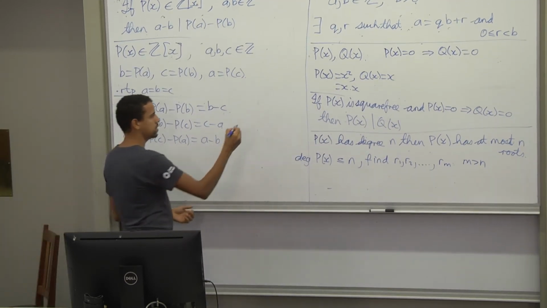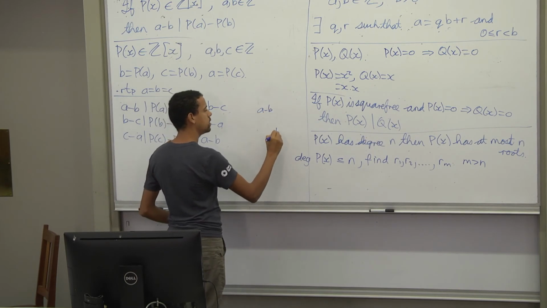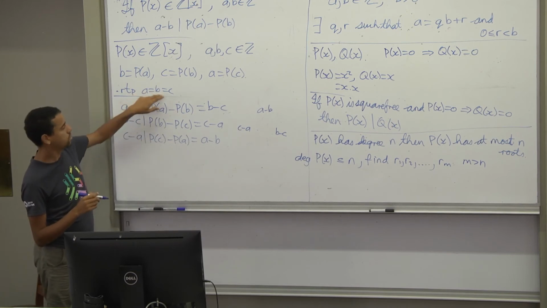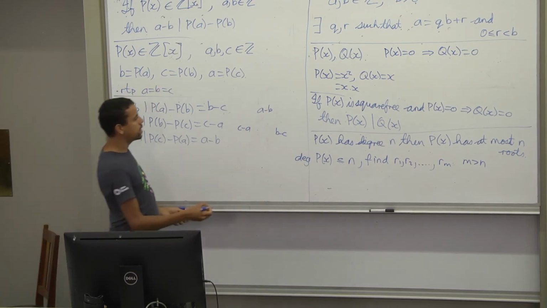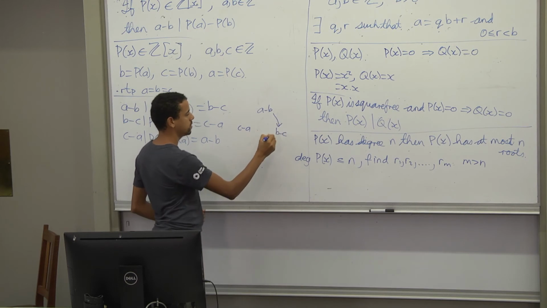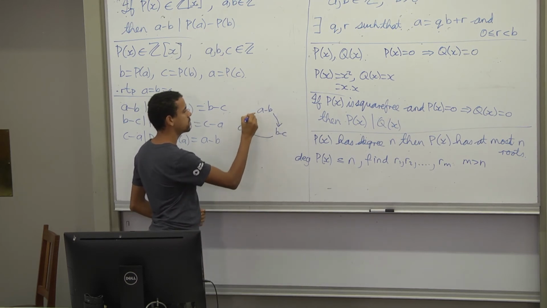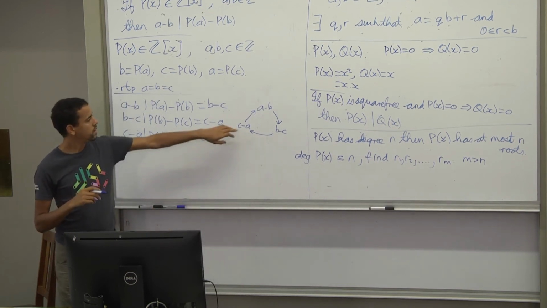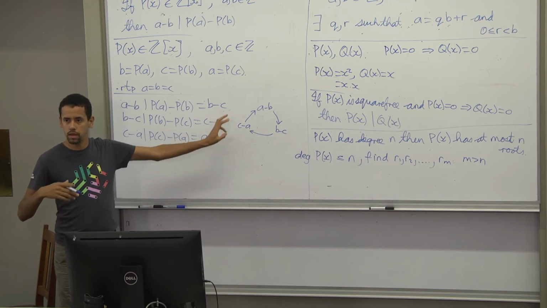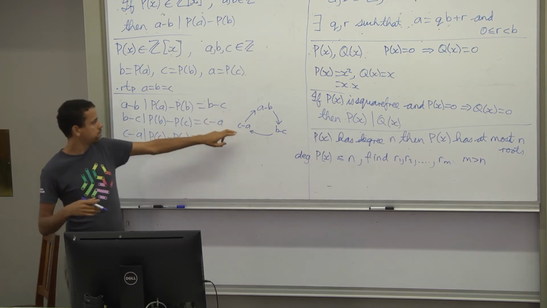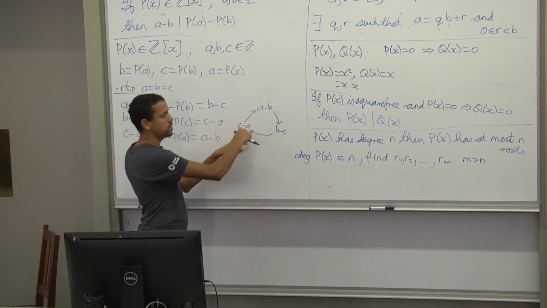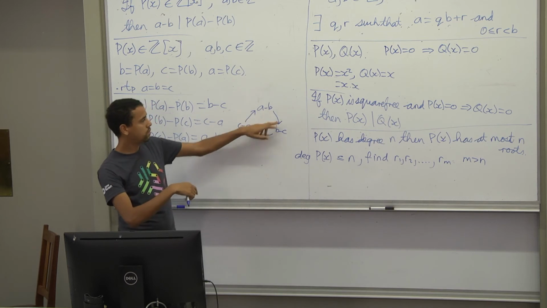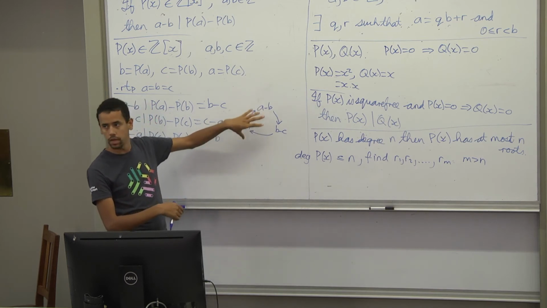So you've got three numbers, a minus b, b minus c, c minus a. You want to show that these are all zero. You have that this one divides that, this one divides that, and this one divides that. So none of them can be strictly bigger than any of the others, because if that was the biggest out of these three, it wouldn't be able to divide into that one. So they have to all have the same absolute value.